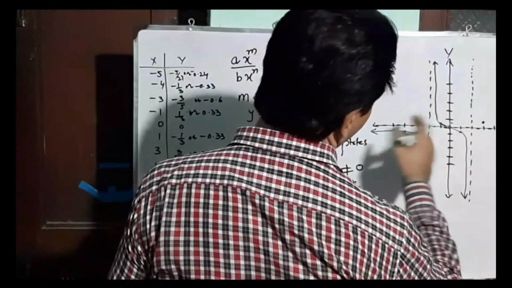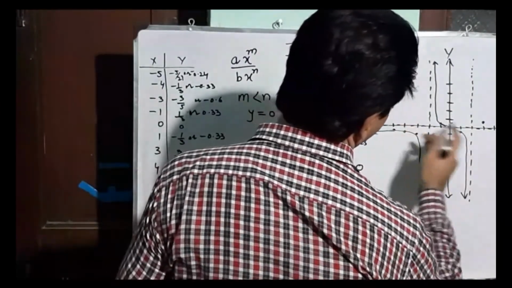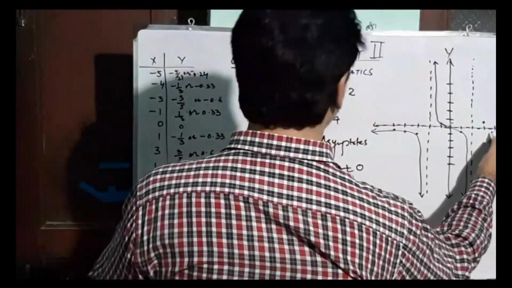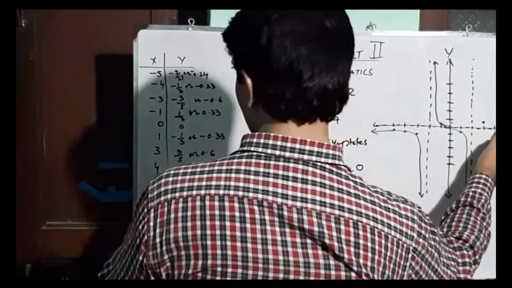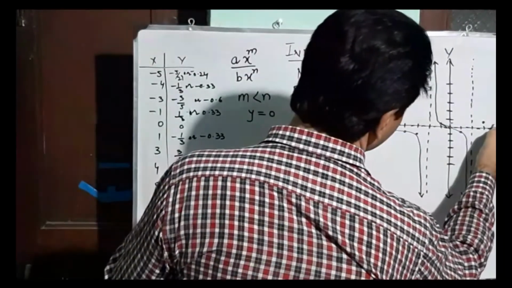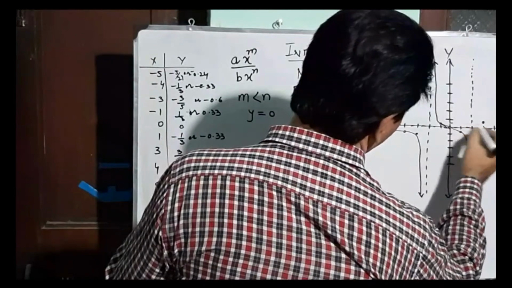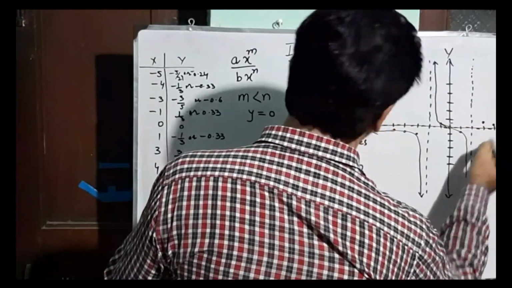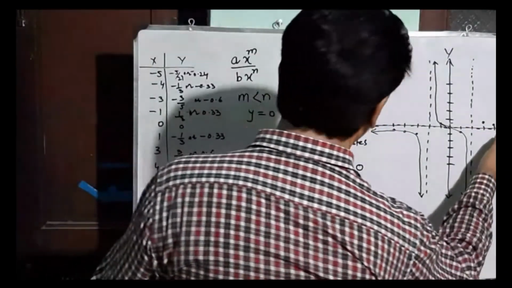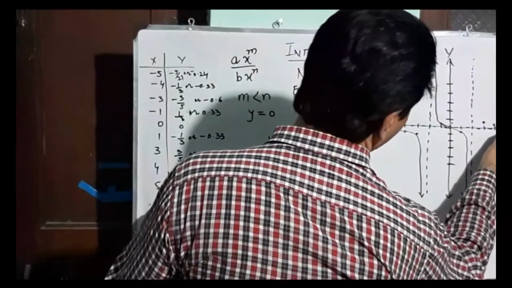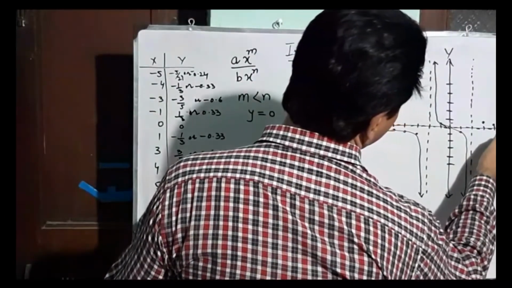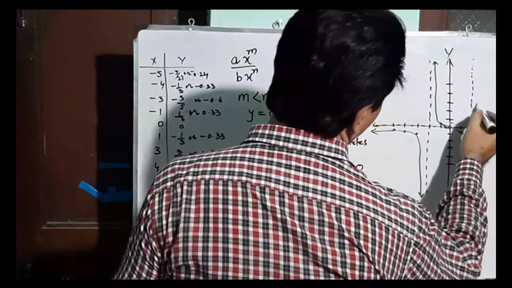Right side positive, the left side negative. So for number 4 we plot 0.33, almost 3 parts. And now for 5, 0.24. So its behavior will be like this.